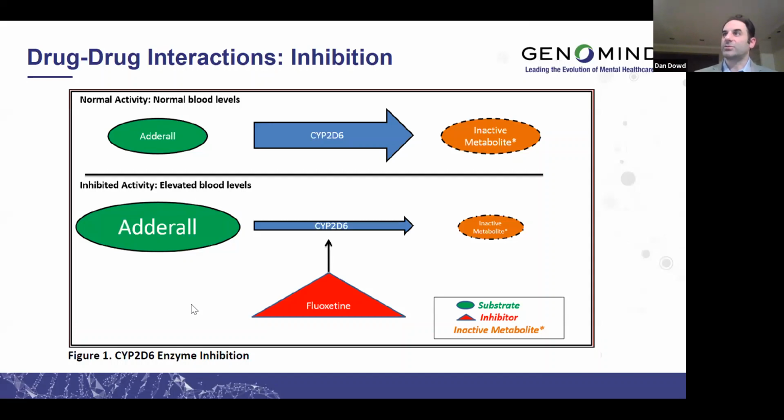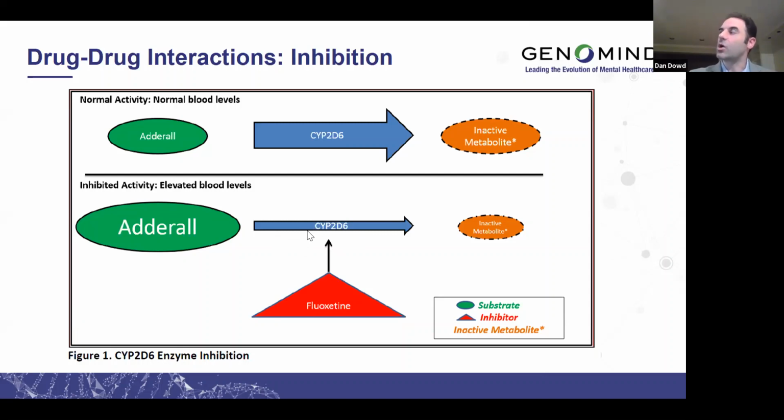It works the same for 2D6 as it does for 2C19, as it does for 1A2, as it does for 2C9 and 3A4. Inhibitors reduce the enzyme activity. Okay. Potent inhibitors, really strong inhibitors, can almost eliminate this enzyme activity completely.